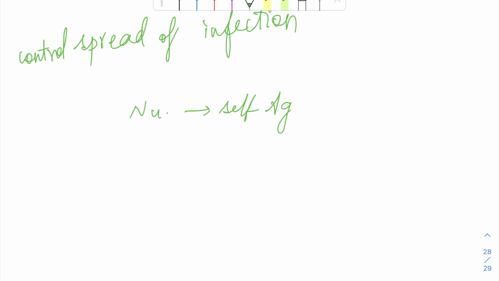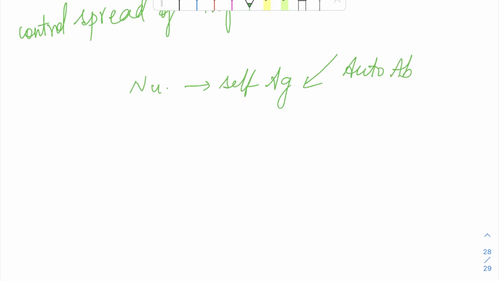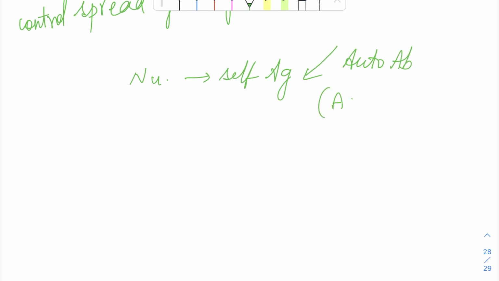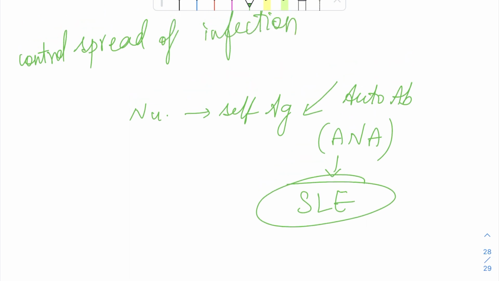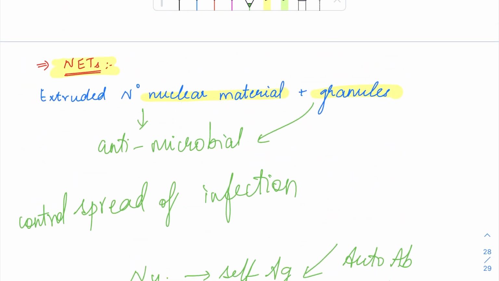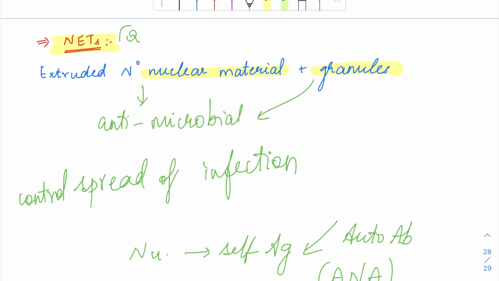Against these antigens we can form autoantibodies. So autoantibodies against nuclear antigens are present, and these are termed anti-nuclear antibodies. So it can lead to certain autoimmune diseases like SLE. Many diseases have been implicated in the pathogenesis of neutrophil extracellular traps, most of them autoimmune diseases. So this one can come as an image based question also.